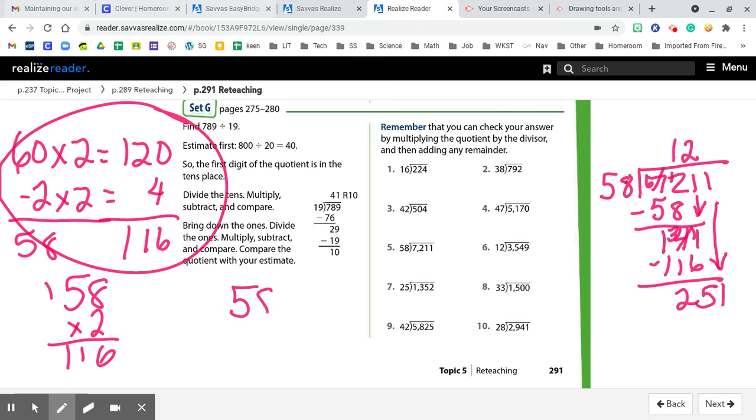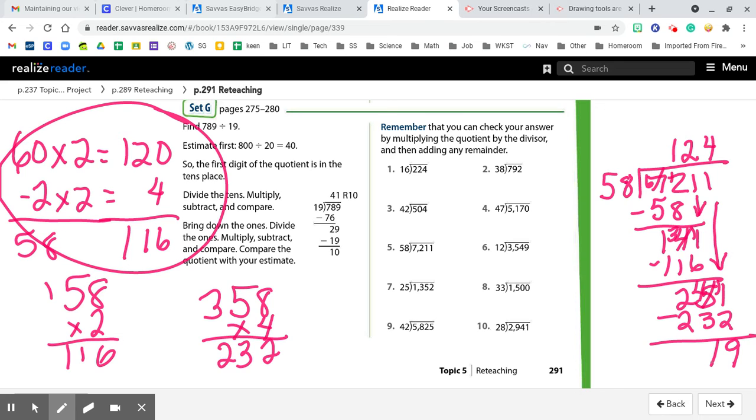So I'm going to do 58 times 4 and subtract that out. So I have 124, remainder 19. So you would write that answer, 124, and we put in R, 19. So we know we're talking about a remainder here.